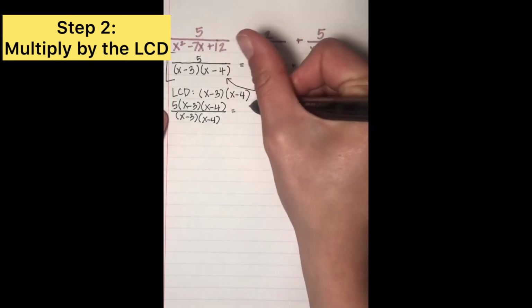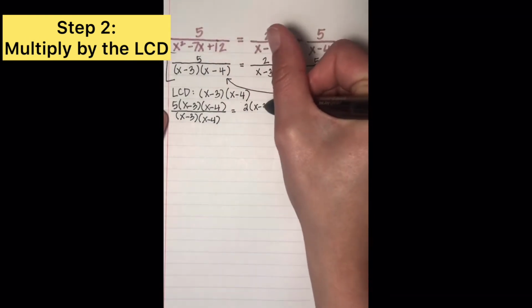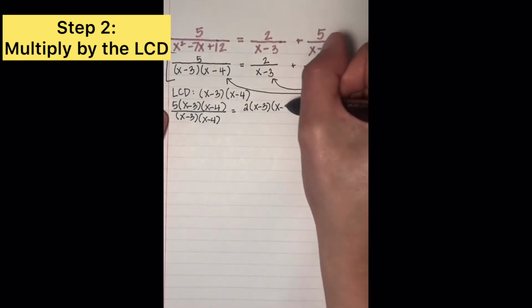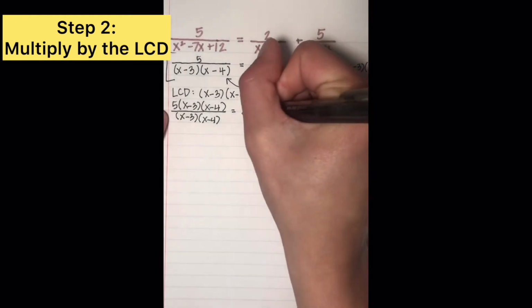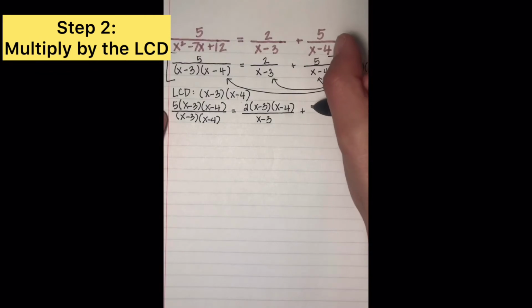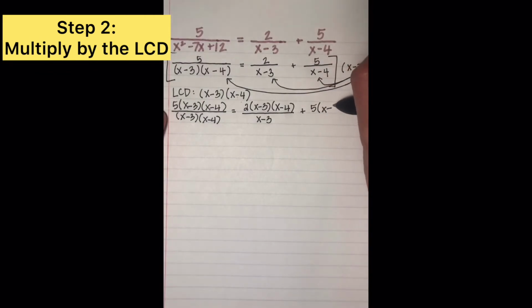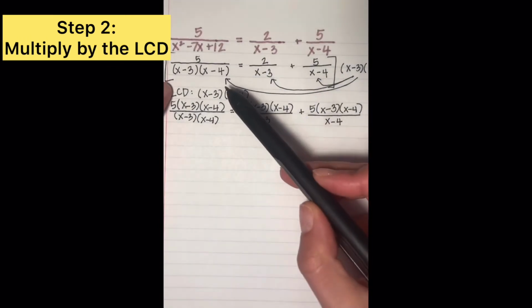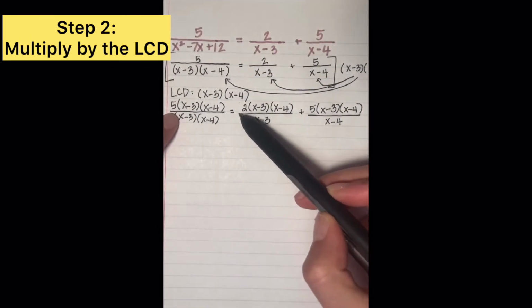This equals 2, x minus 3, x minus 4, over x minus 3, plus 5, x minus 3, x minus 4, over x minus 4. All right. So step 1, least common denominator. Step 2, multiply by the least common denominator.